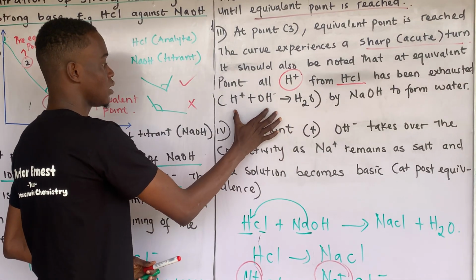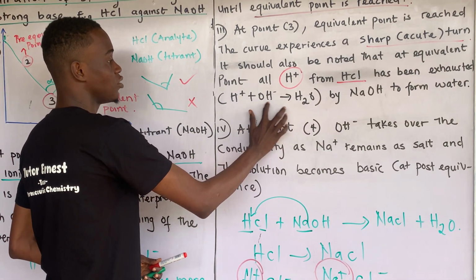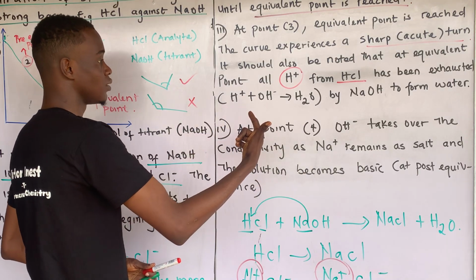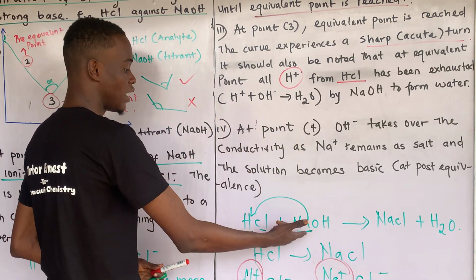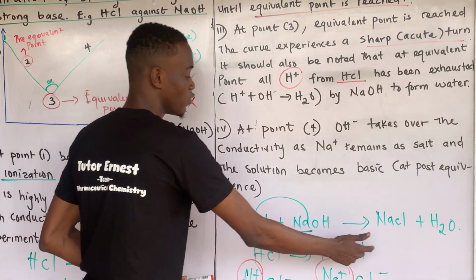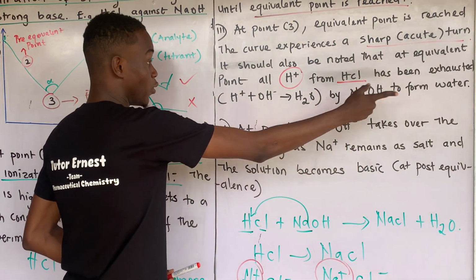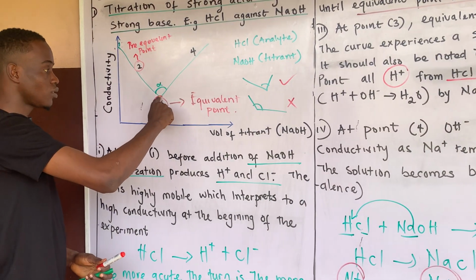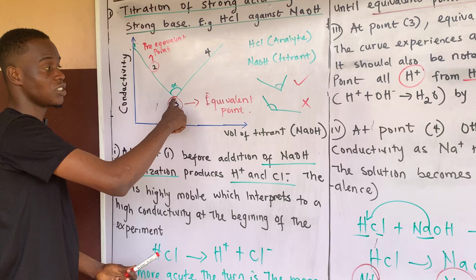This is what it depicts here. So all the H plus will be replaced by Na plus from NaOH, and the H plus reacts with the hydroxide ion to form water. So it stops at this point because there's no more H plus in the reaction.